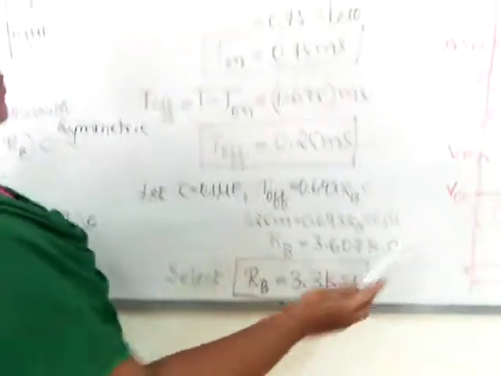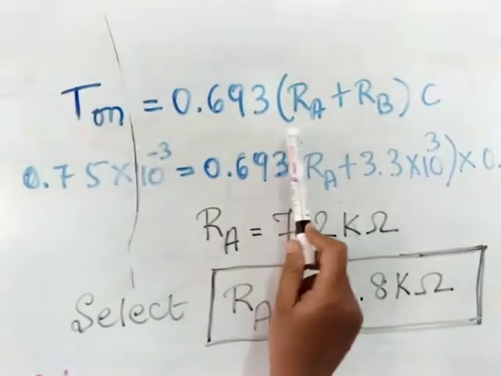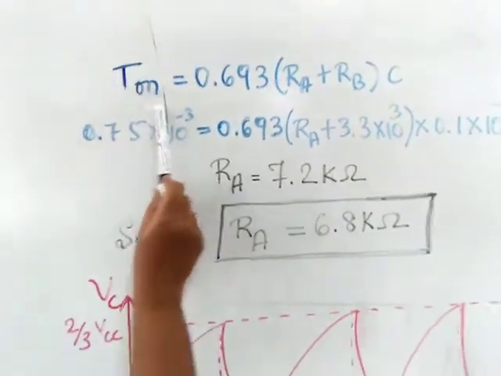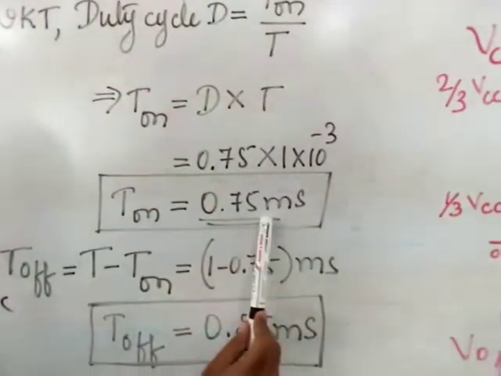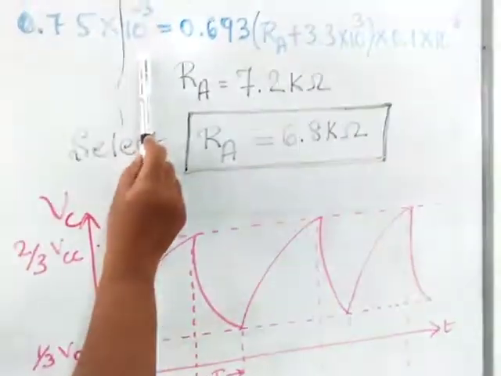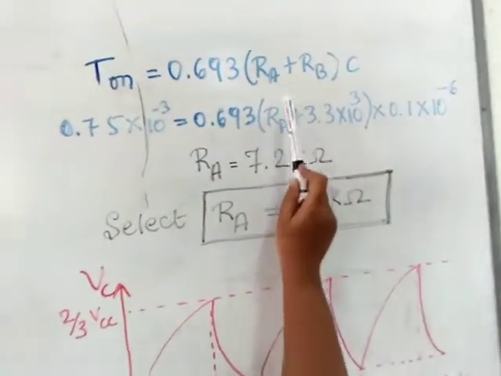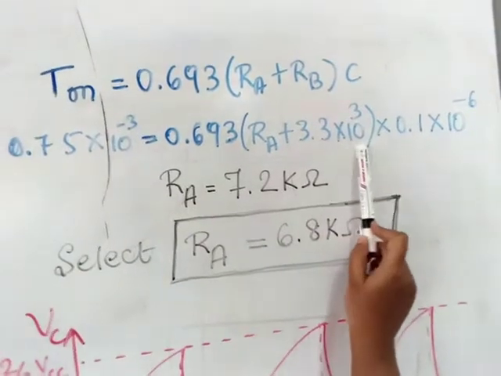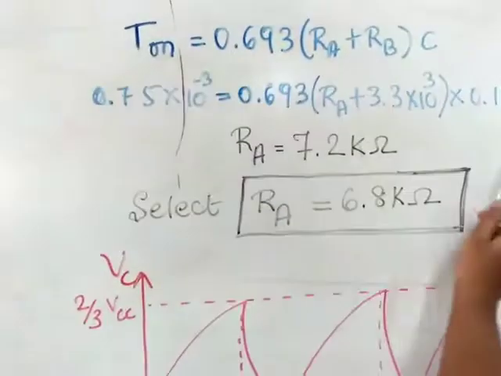Now we know the formula of T on. T on is equal to 0.693 into RA plus RB into C. T on we have calculated here, that is 0.75 milliseconds. Substitute here: 0.75 milli equals 0.693 into RA, which we need to calculate now, plus RB, 3.3 K, into C, 0.1 microfarad.